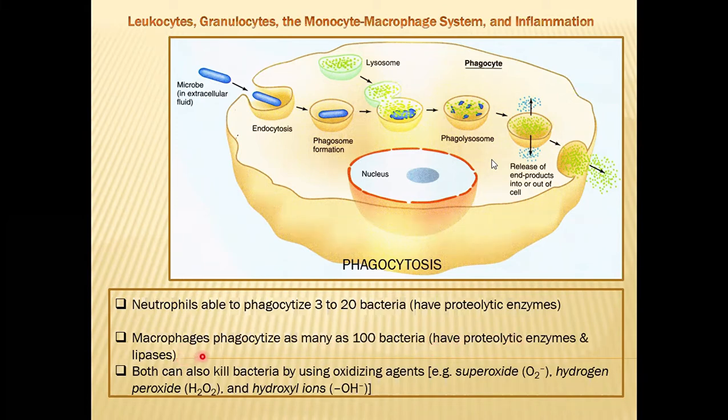Lipases are enzymes that break down the lipid structure in the bacterial cell wall. Both the neutrophils and the macrophages can also kill bacteria by using oxidizing agents. They produce superoxide, hydrogen peroxide, and hydroxyl ions.